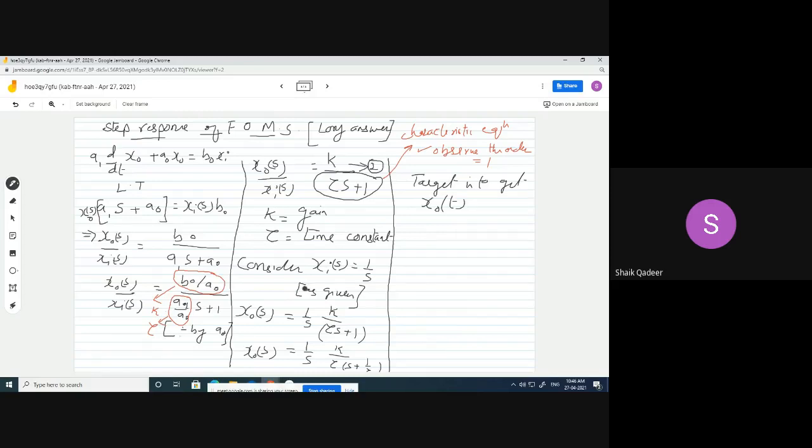Is it clear to everybody? This is our target, to get Xo of t. How to get Xo of t from Xo of s? Here is our Xo of s, and here we need Xo of t. How can we transform this Xo of s into Xo of t? Quickly tell me.